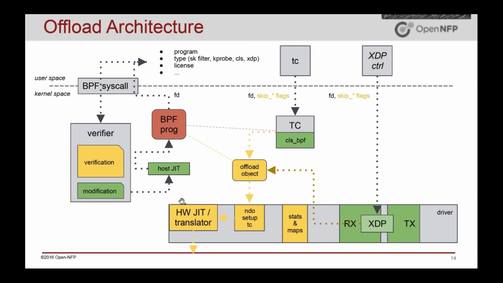Plus there might be types of maps which we don't want to offload. Kernel tracing isn't something we're looking to offload too soon. So there are going to be lots of different types of programs which aren't offloadable, and we need to be able to check that when we're running through the verifier, in XDP or TC.